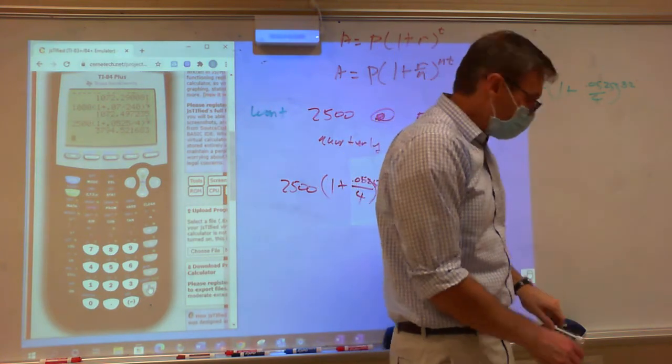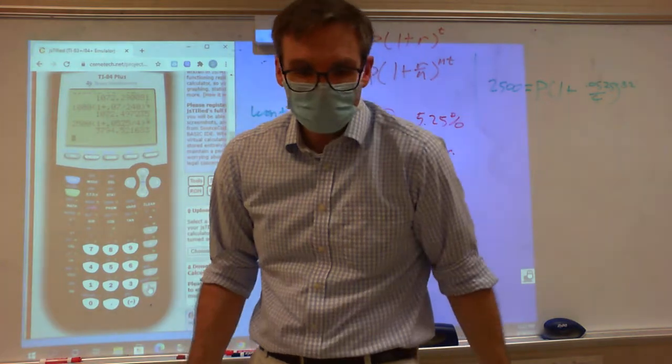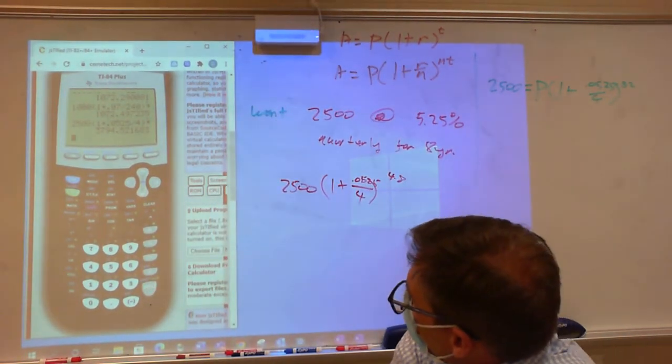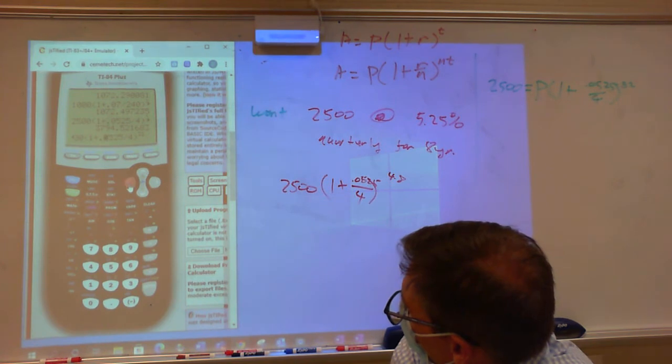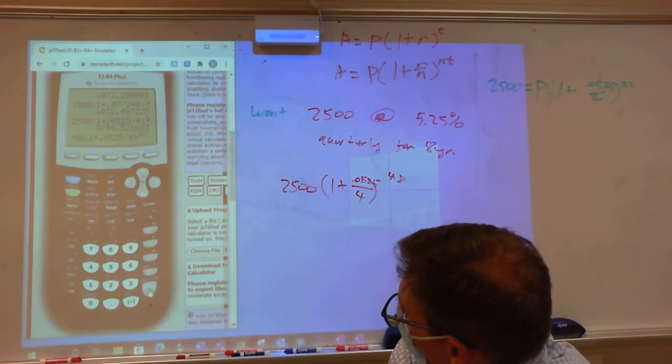So if I want to divide by whatever that number is, I'm going to cheat a little bit. I think I can do this. Hit divide. There we go.